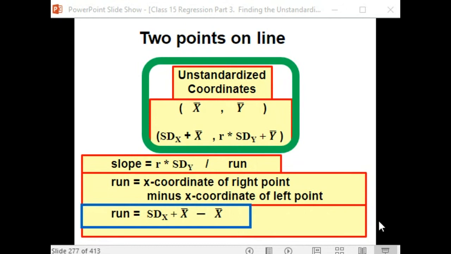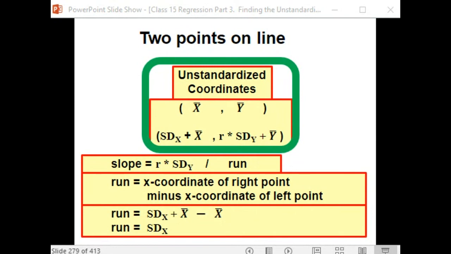Now, of course, the mean of x minus the mean of x is 0. So this part of the equation disappears, just like happened before, and we're left with this equation. The run equals the standard deviation of x.